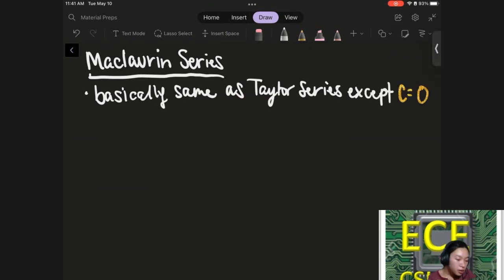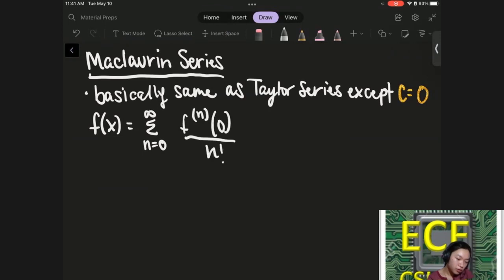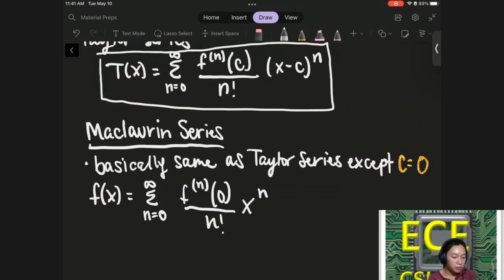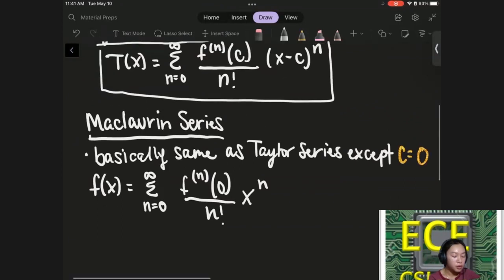Okay, and so that looks like f of x equals the sum n equals 0 of f^(n)(0) all over n factorial times x to the n, which is just basically plugging in 0 where c is in the Taylor series equation.